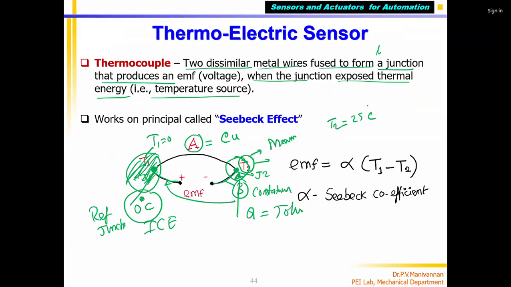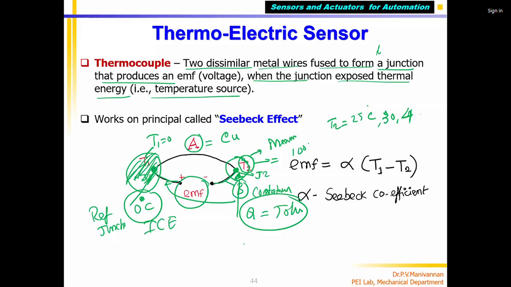Now, as I inject more heat, because the junction is touching a hot surface, the temperature increases, say 30, 40, like that. For example, the hot surface is 100 degrees. Now T2 reaches 100 degrees. Automatically, as the temperature increases, it will produce an EMF. So the thermocouple generates an EMF.